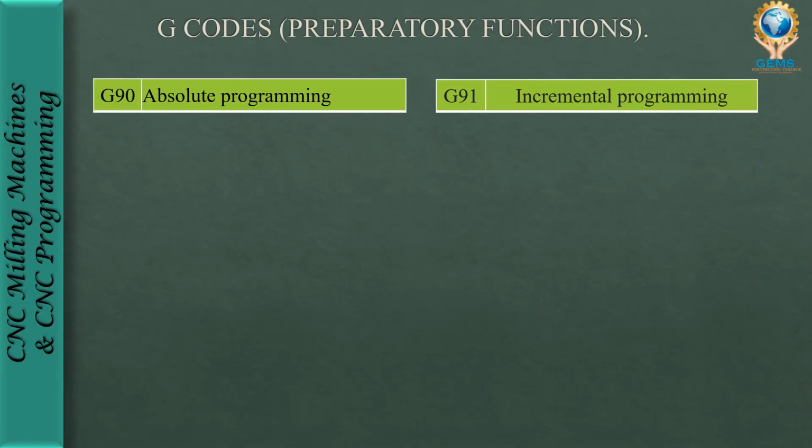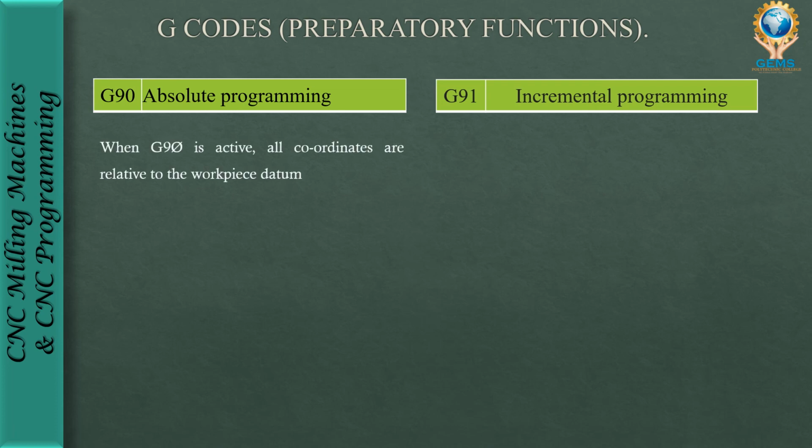Now comes G90 and G91. When G90 is active, all the coordinates are related to the workpiece datum. Workpiece datum means just like a graph: for X and Y axes, all the reference points are taken from the zero position.